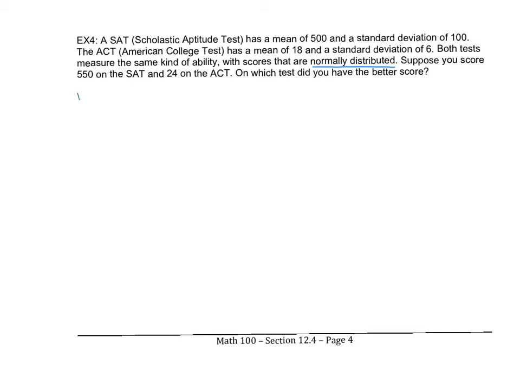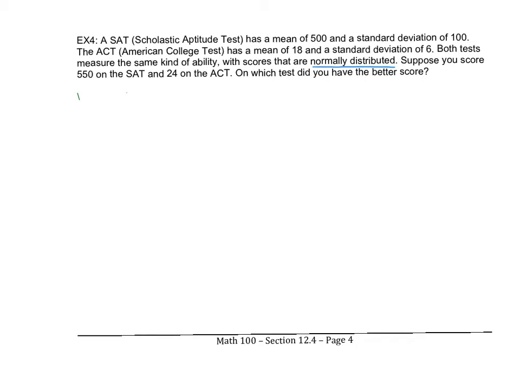So the higher your z-score, which tells you how many standard deviations you are away from the mean, the better you scored on the test. So all we have to do is compute the z-score for the SAT and the z-score for the ACT, and the higher z-score tells you that you performed better on that test.